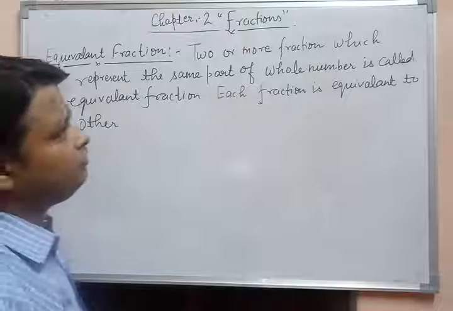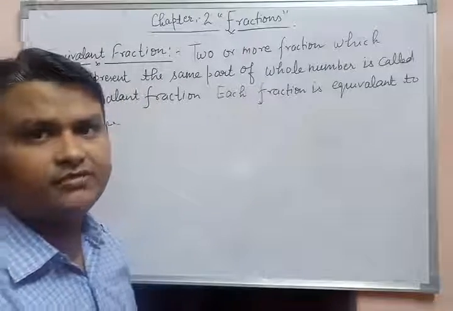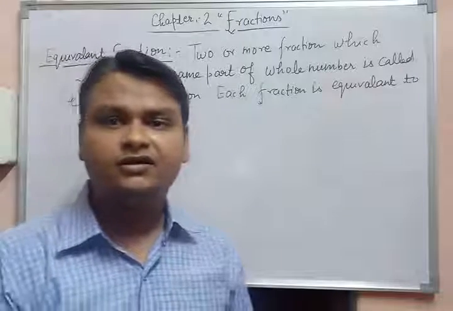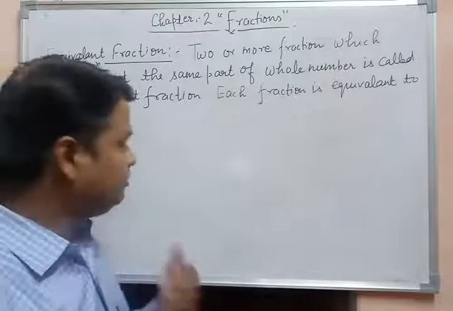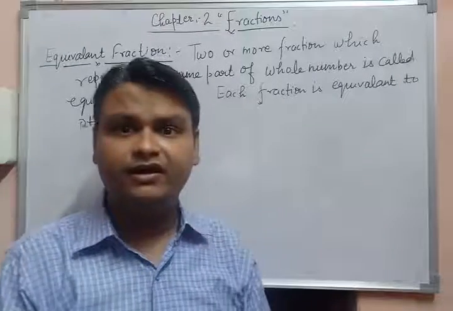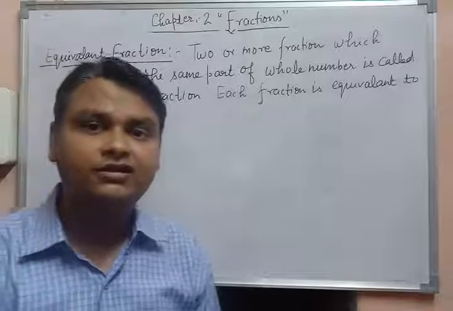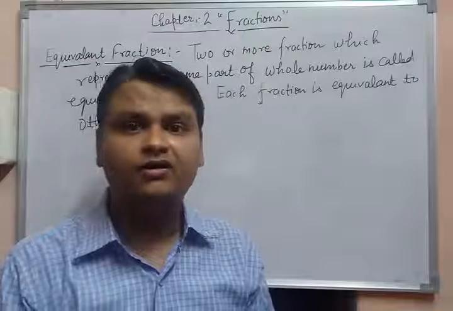When two or more fractions represent the same part of the whole number, it means if we take a fraction and if we make an equivalent fraction of that fraction, then this equivalent fraction is the same part of that fraction.